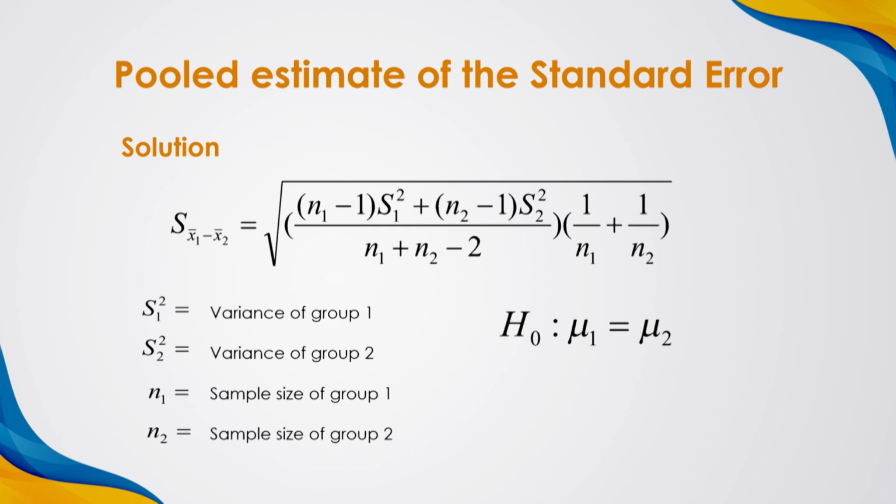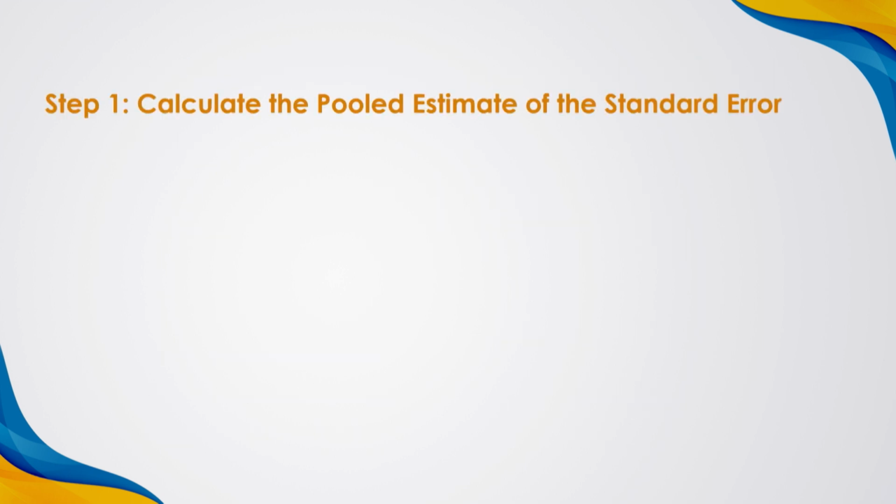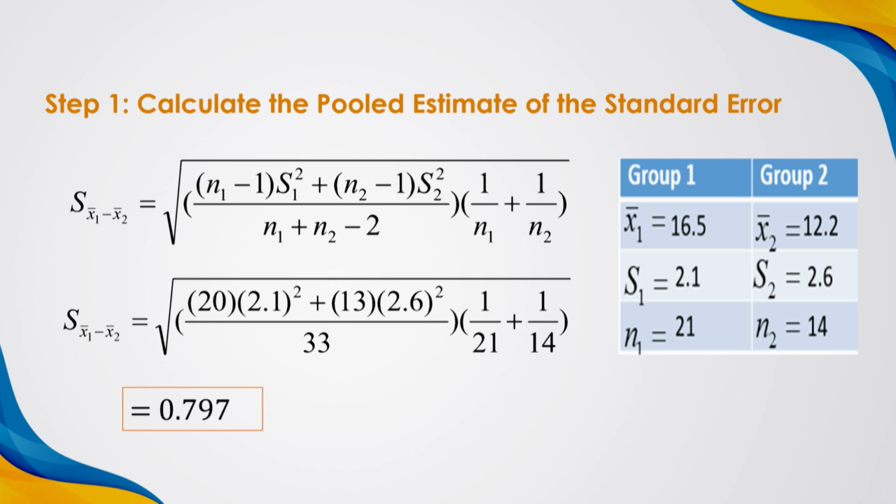The hypothesis for verification is that the population means of both groups are the same, and the test statistic for significance testing is x1 bar minus x2 bar divided by the pooled standard error. So, we have to make use of the calculations for this step 1. The pooled standard error is 0.797.